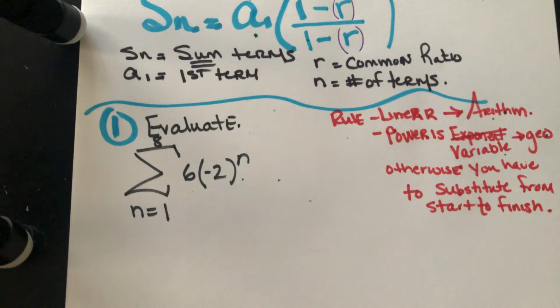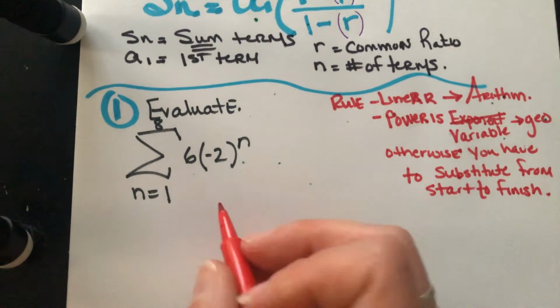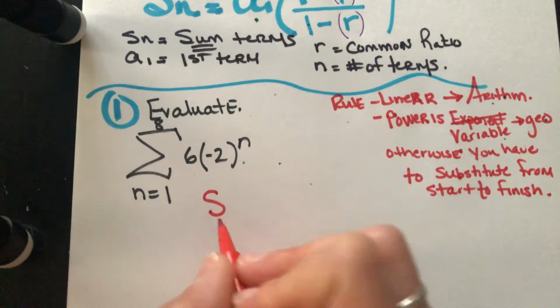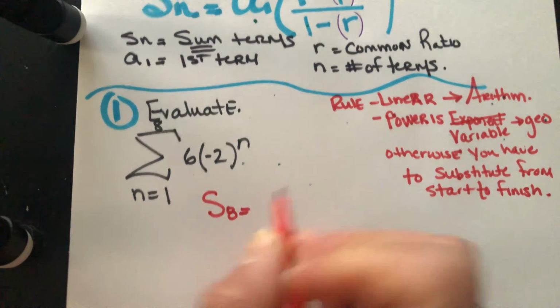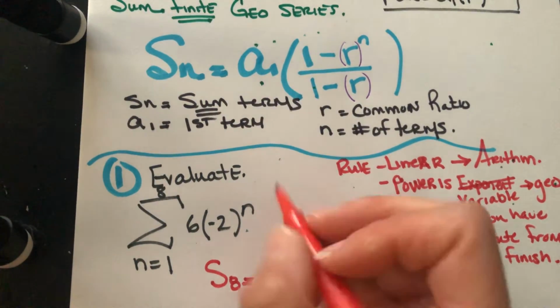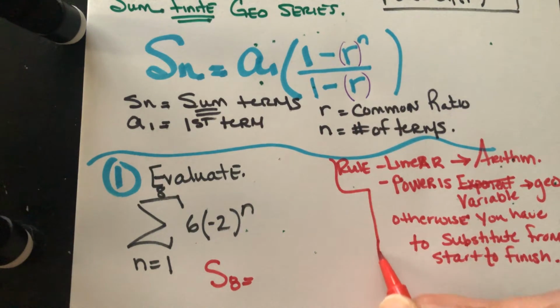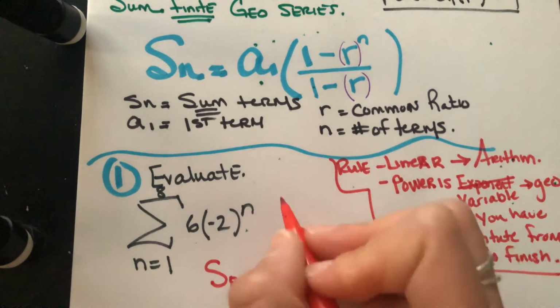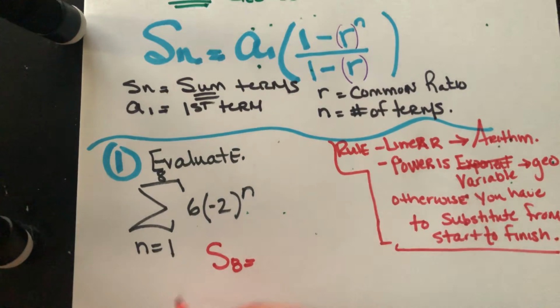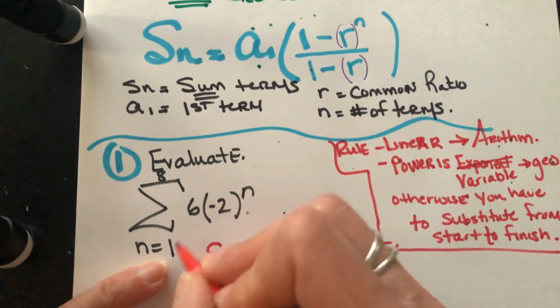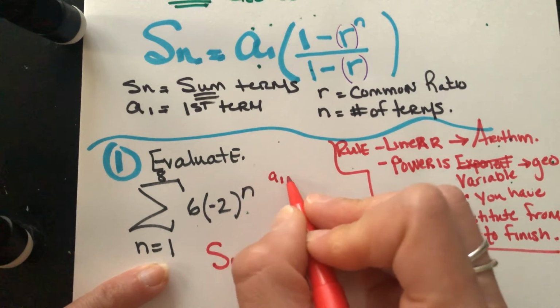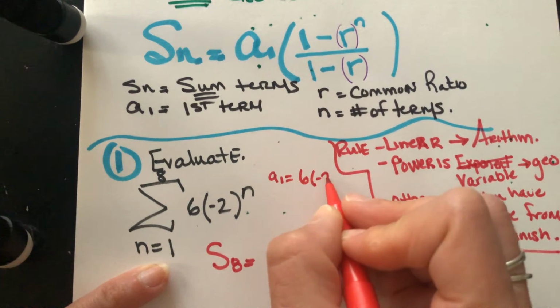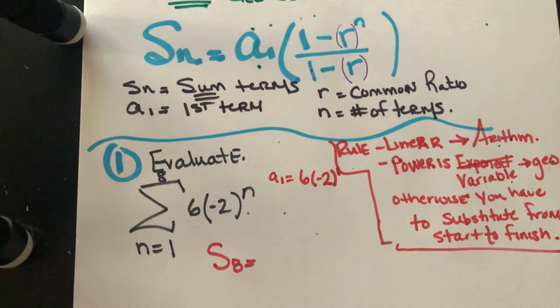All right, so let's start our rule. We're doing the sum of 8 terms equals A1, my first term. So we have to go ahead and find our first term. To find the first term, all you're doing is substituting it in. So A of 1 equals 6 times negative 2 to the first.